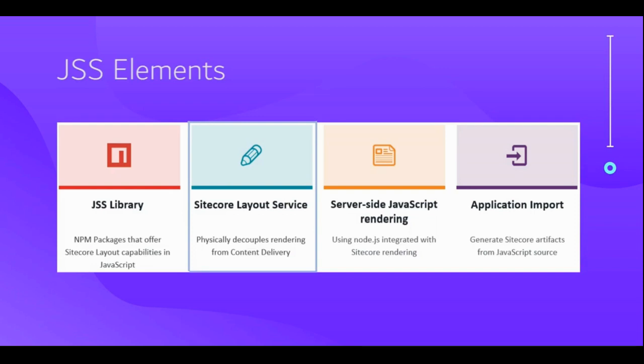These are the four elements available in Sitecore which help us do the migration from a JS application to Sitecore and Sitecore to a JS application. The JS library will have the NPM package with Sitecore layout service capabilities in JavaScript, server-side rendering of our content delivery, layout service, and application import will generate Sitecore artifacts from JavaScript source.